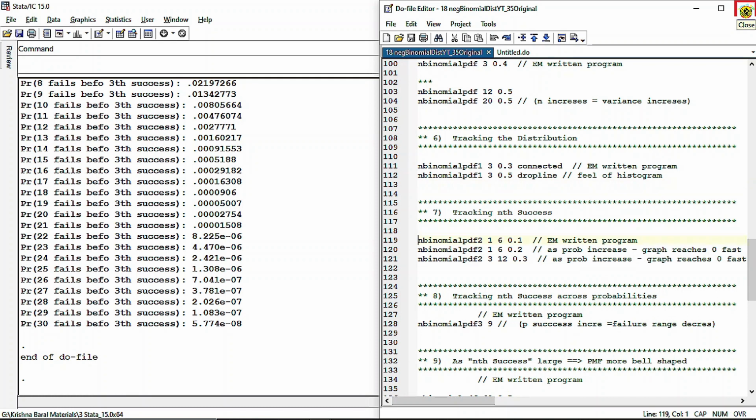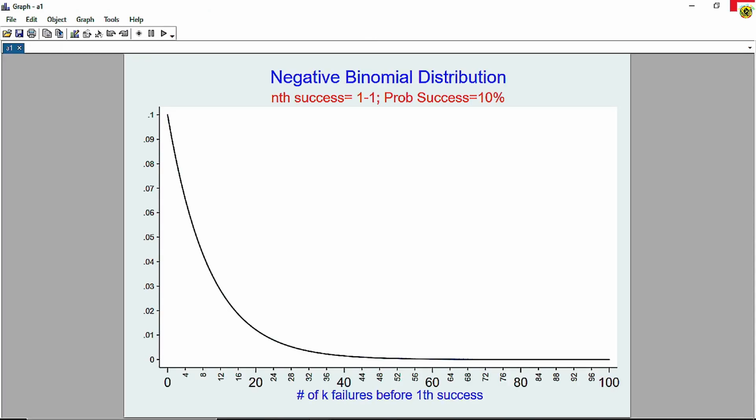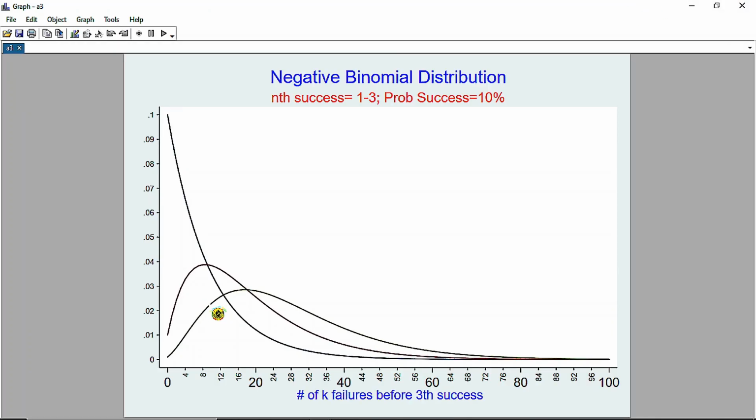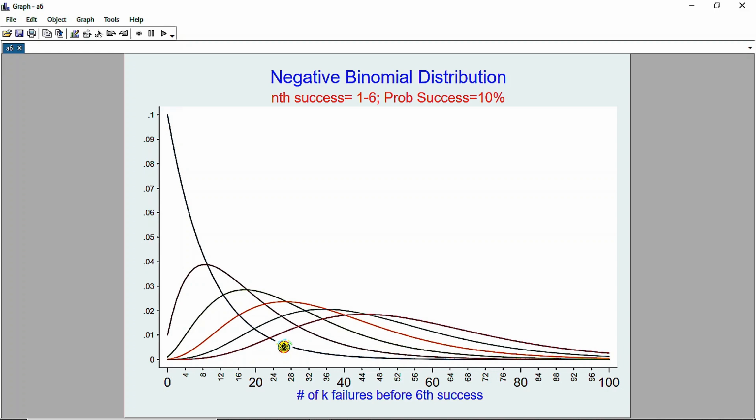Now let us track the nth success. We are going to draw the negative binomial distribution for 1 to 6 successes subsequently, where the probability of success is 10%. Let us see the nature of the graph for the 1st success, 2nd success, 3rd, 4th, 5th, and the last one for the 6th success.